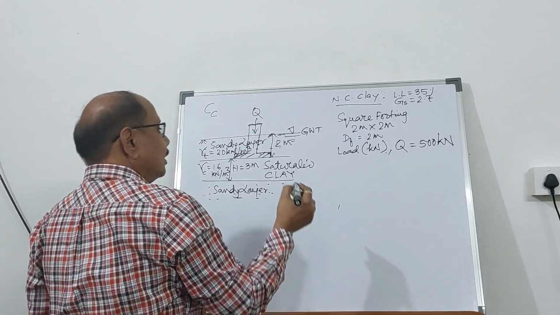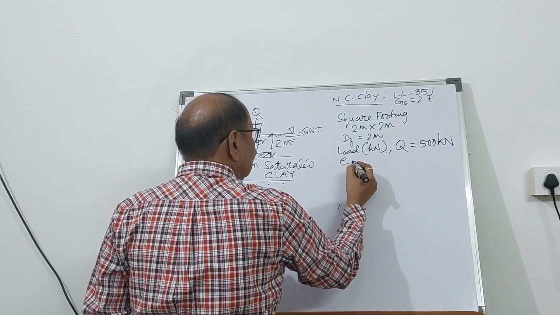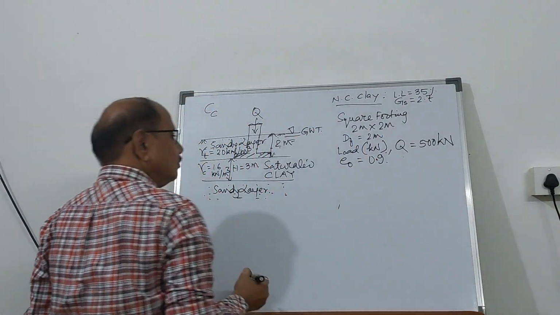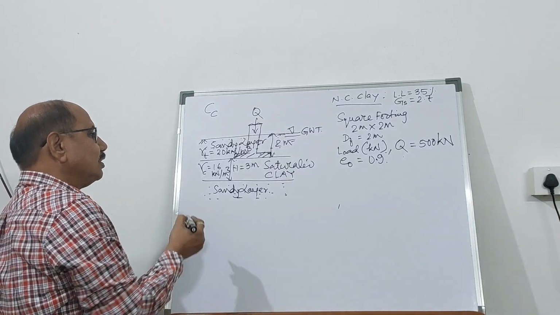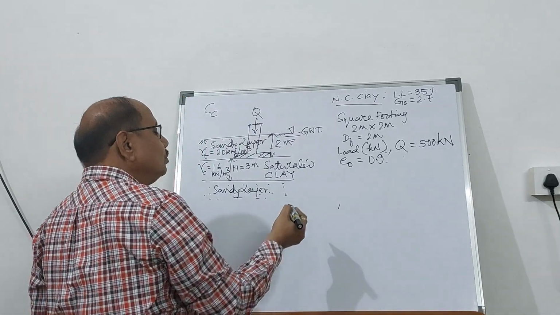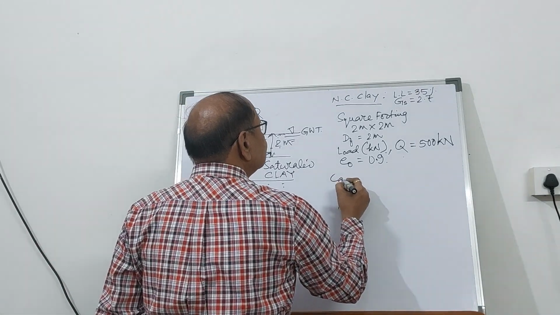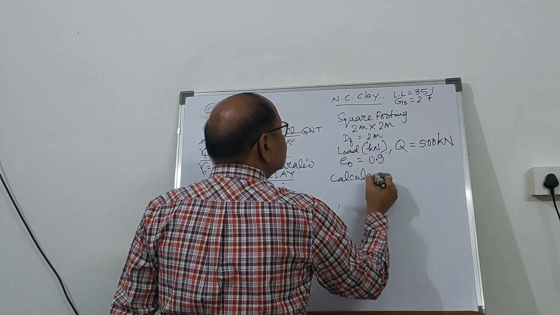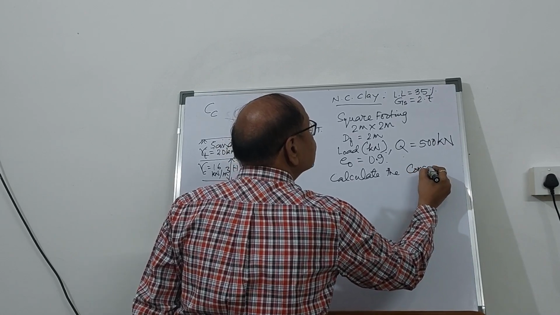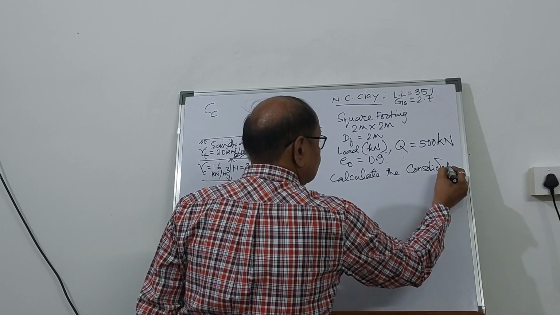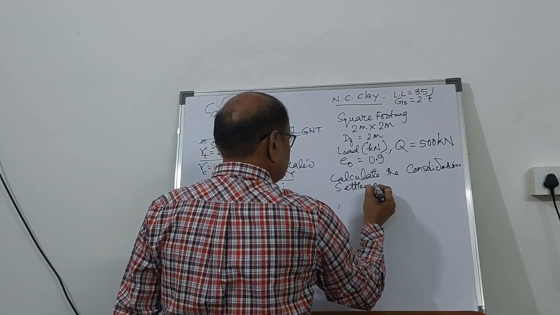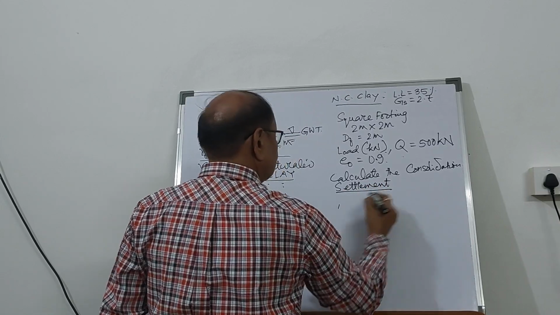So, the initial void ratio is say 0.9. So, you have got these informations available with you. You need to calculate the consolidation settlement, Sc.